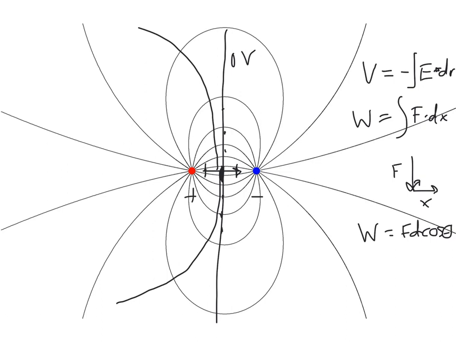So if I go from that point to that point, the potential should have exactly the same value. There should be no change in potential. So a particle moving along that line wouldn't change in terms of its potential or therefore kinetic energy. It would move at a constant speed.